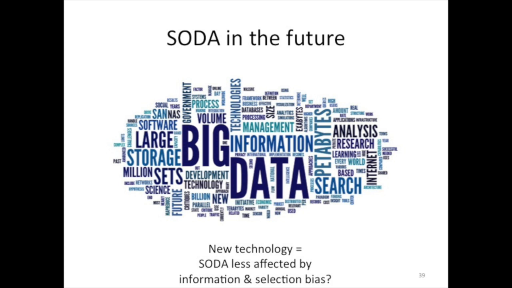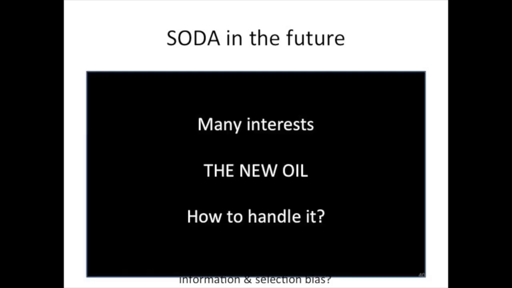Perhaps we are allowed to, but only in smaller samples due to privacy restrictions. There are many interests in personal data, and they have been called the new oil, whereas privacy might be the new green. Because of privacy and other ethical issues, we may therefore still be affected by selection bias, although the information bias is ruled out.